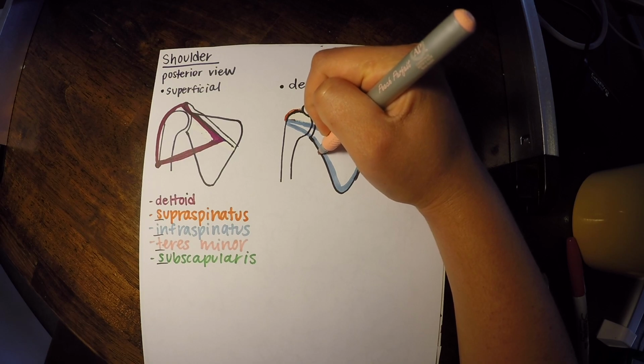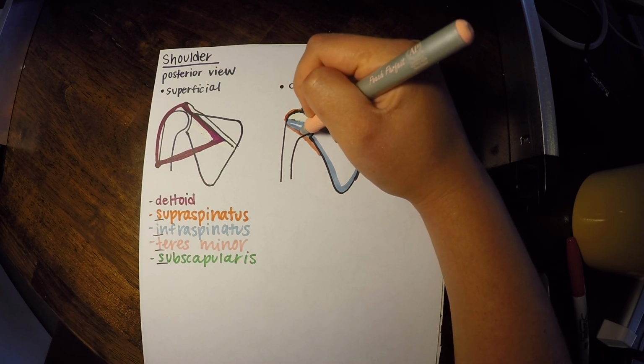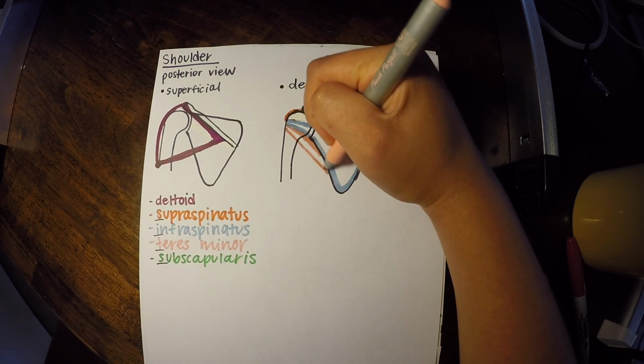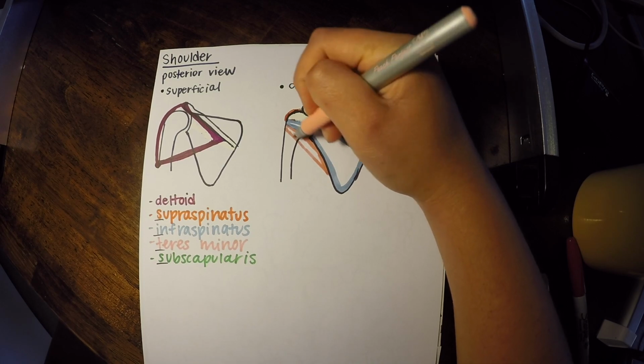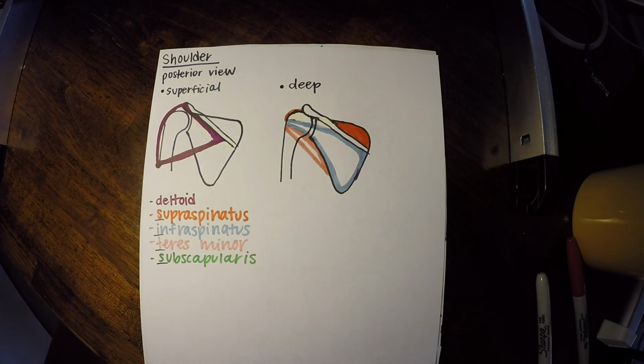So it'll go from about here to here. And then lastly, we have our subscapularis, so stay tuned for that one. We're actually going to draw that in a different view to make it a little bit clearer. So stay tuned for that.